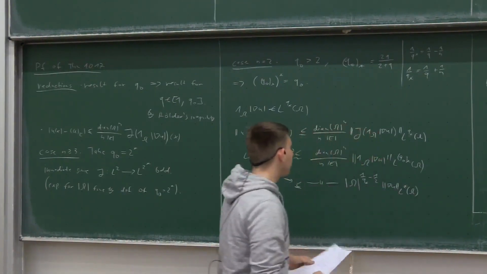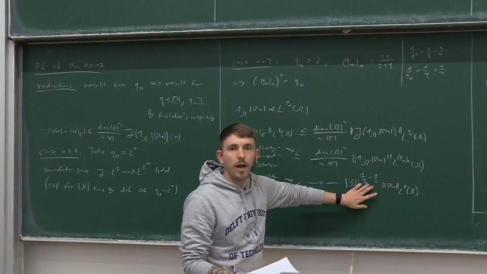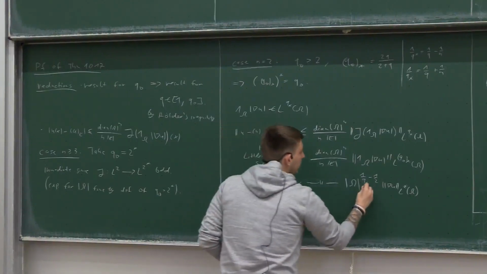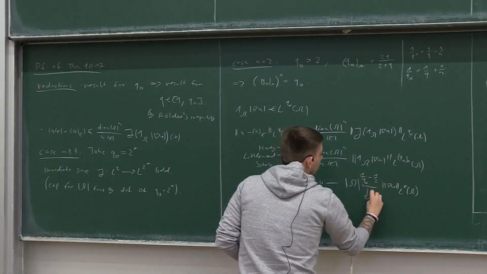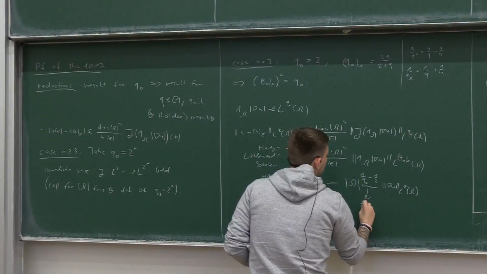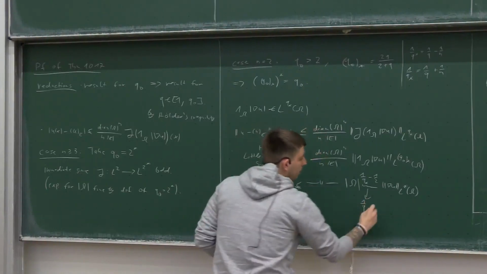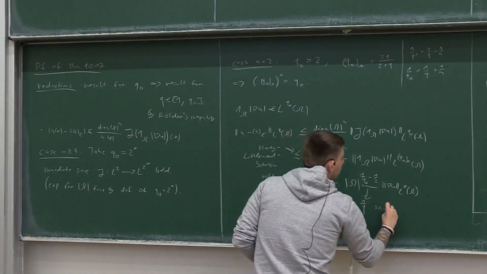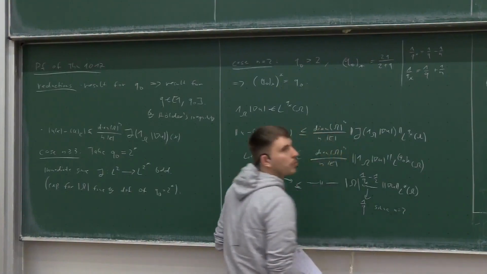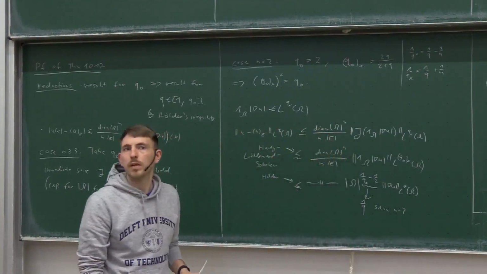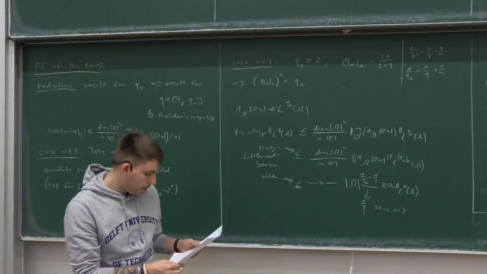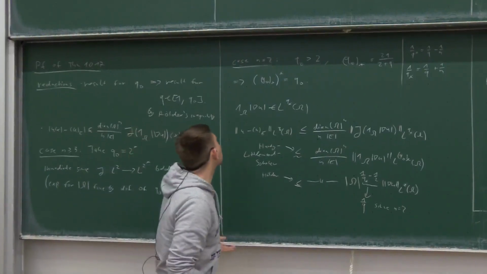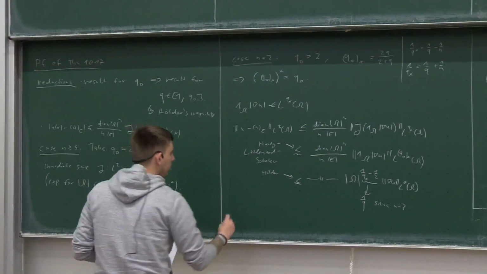and then the gradient of u in L2 of Omega. When you look at this parameter here, this is just 1 over q because the dimension is 2, and this is just the exponent that we claimed in the theorem. So this completes the case n equals 2.